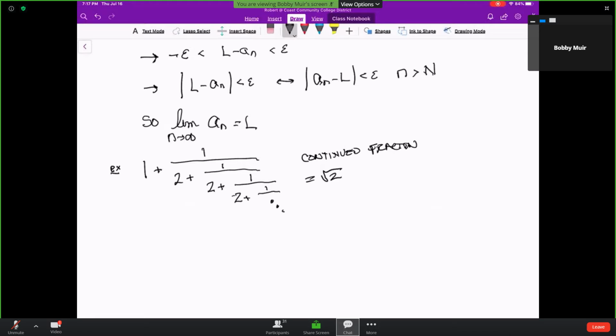Okay. Now these continued fractions, back in the 1800s, there was this mathematician from India named Ramanujan. There was a movie made about him not too long ago called The Man Who Knew Infinity. That was all about Ramanujan.